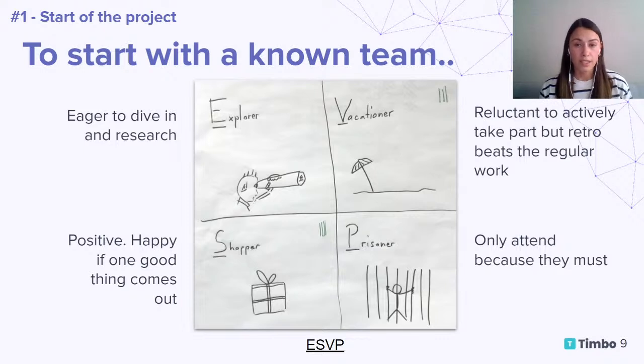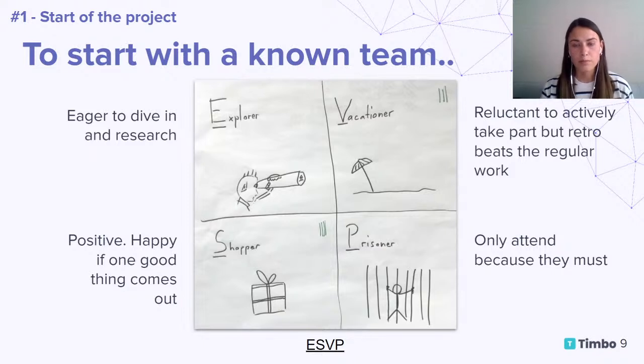If you do that technique on your first retro, you will manage expectations of yourself. So you will understand who you should pay more attention to, which team members are going to help you drive the brainstorm, which are going to be not so active, but they are still here.